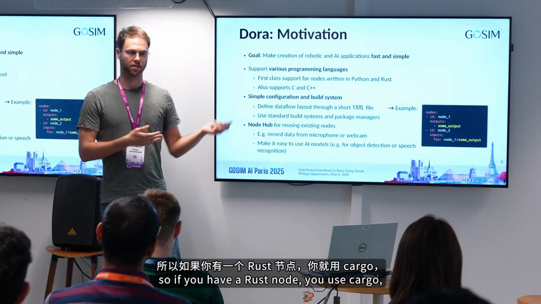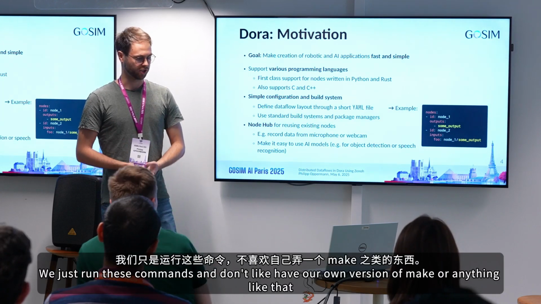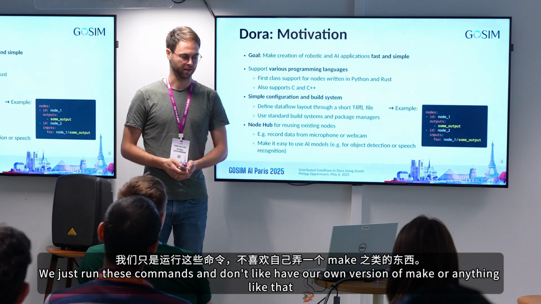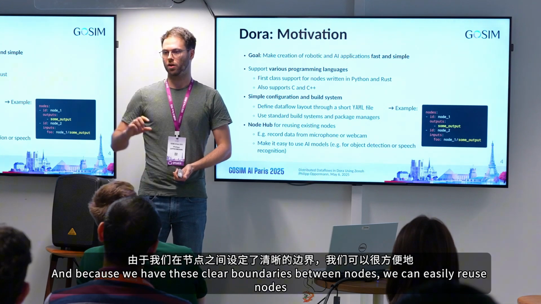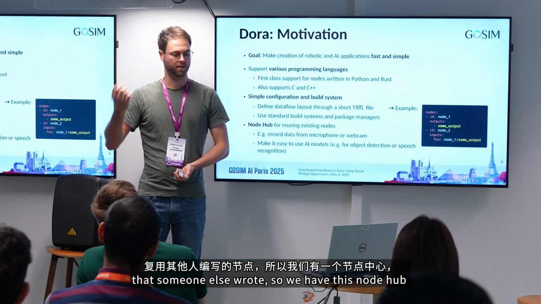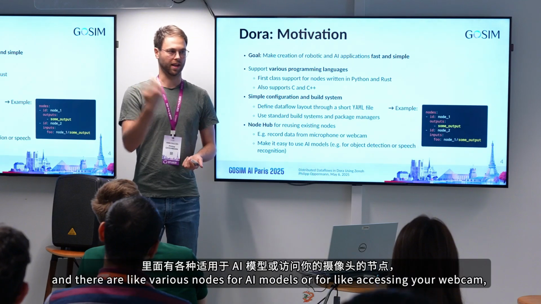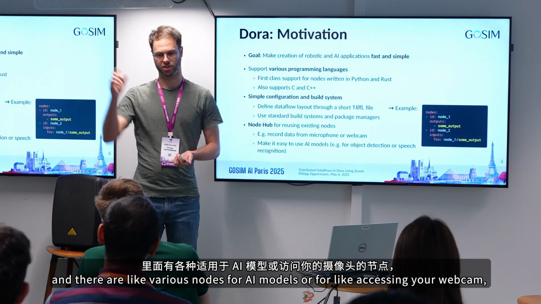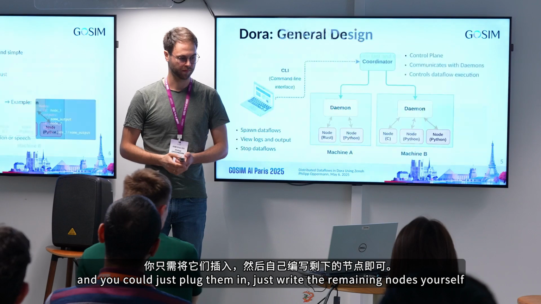So if you have a Rust node, you use cargo. If you have a Python node, you use pip. And we just run these commands and don't have our own version of make or anything like that. And because we have these clear boundaries between nodes, we can easily reuse nodes that someone else wrote. So we have this node hub, and there are various nodes for AI models or for accessing your webcam, and you could just plug them in and write the remaining nodes yourself.